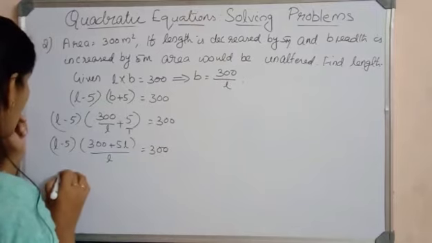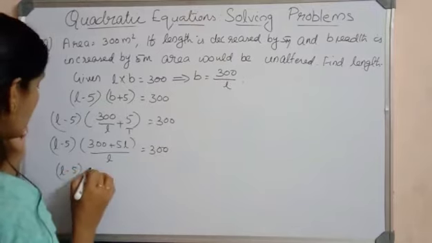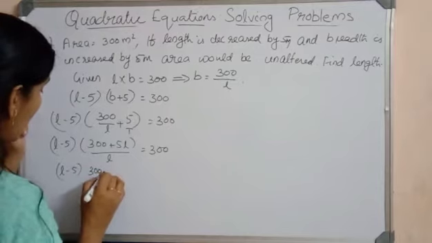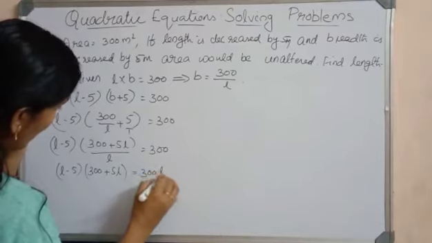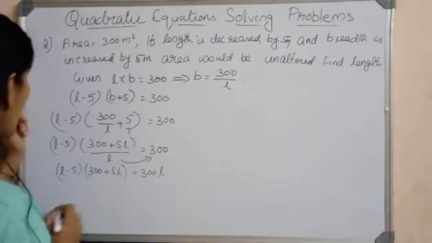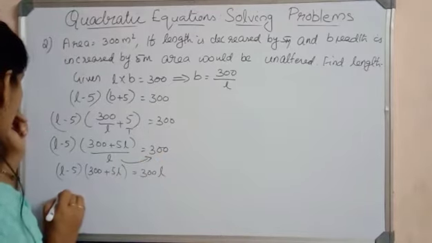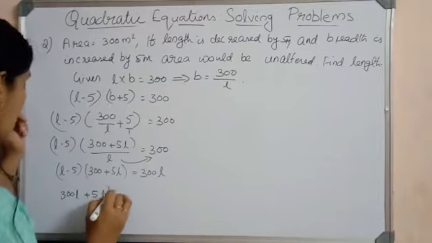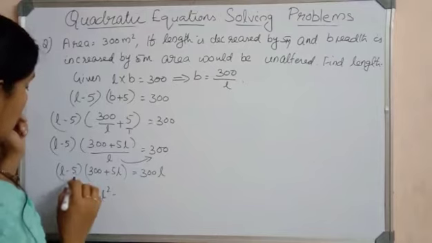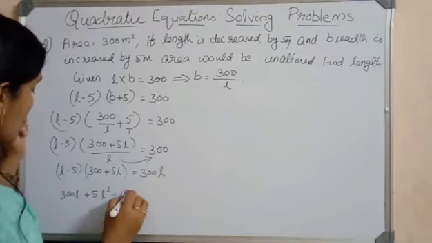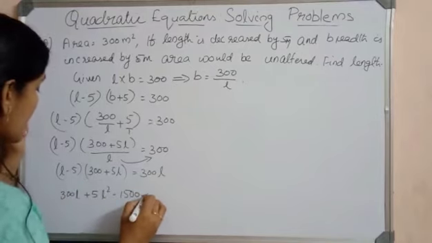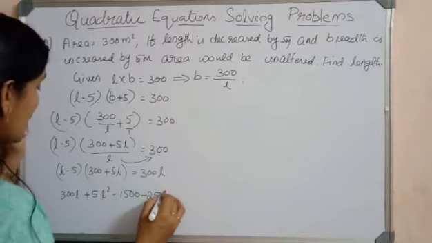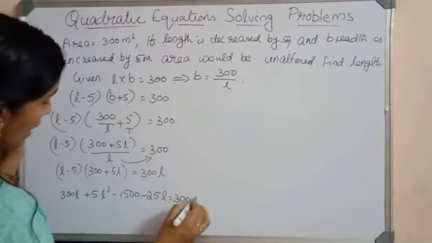So (L minus 5) into (300 plus 5L) is equal to 300L on cross multiplication. So this will be 300L plus 5L square minus 5 3s are 15, 1,500 minus 25L is equal to 300L.